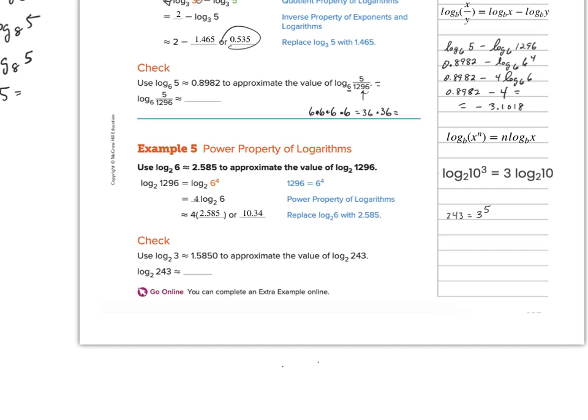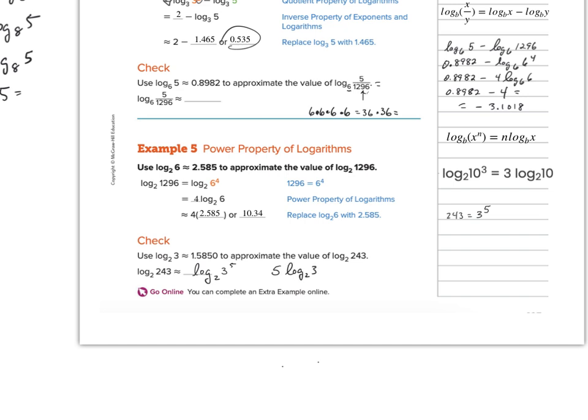Okay, so looking at this, it says use log base 2 of 3 is approximately 1.5850. Then approximate the value of this. Well, you've got to remember that 243 is actually 3 to the 5th power. Reordering that, that's going to be 5 times the log base 2 of 3.